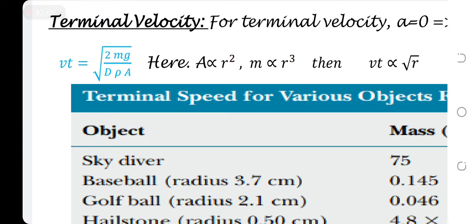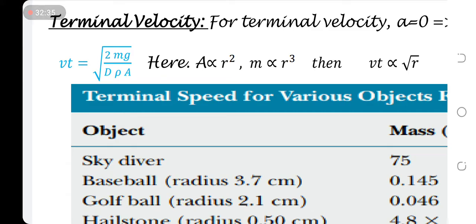Here A is directly proportional to r square. A is the area of cross section. The area depends upon the size of the sphere, that is the radius of the sphere, as we know the spherical area is 4 pi r square, and some other bodies have different area formulas.